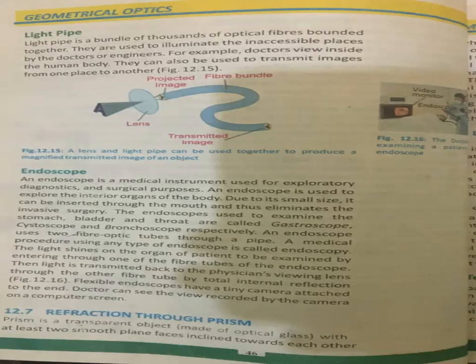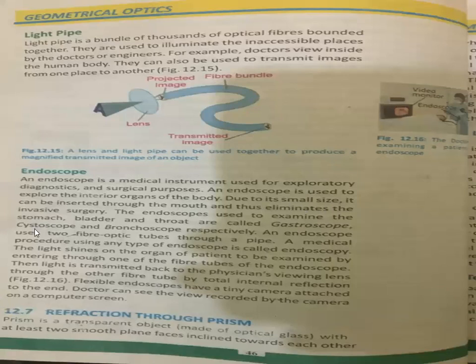They send the light, and when it strikes the defective organ, the light coming from the defective organ can be seen on the monitor screen. So the doctor, with the help of this, can examine the condition of your organs instead of going into surgery. This is the advantage of the endoscope.